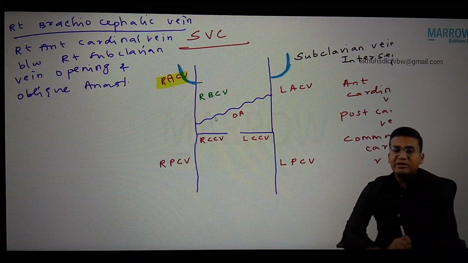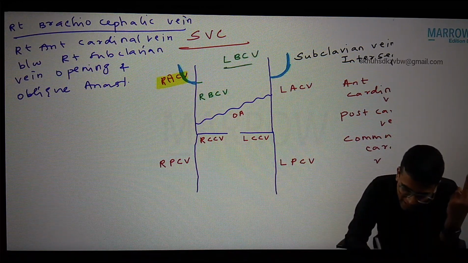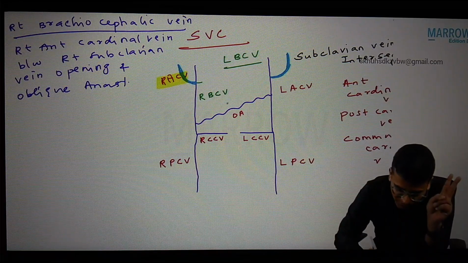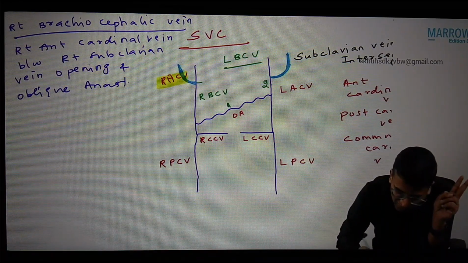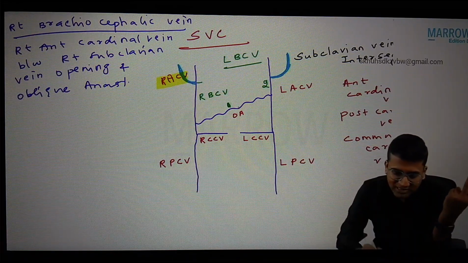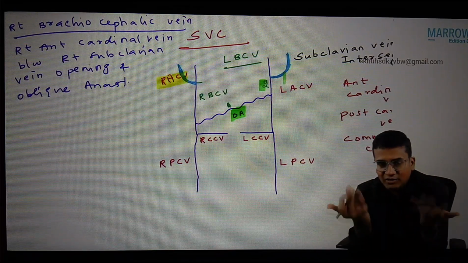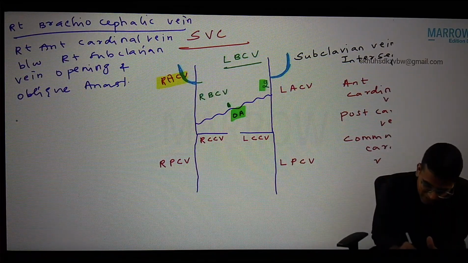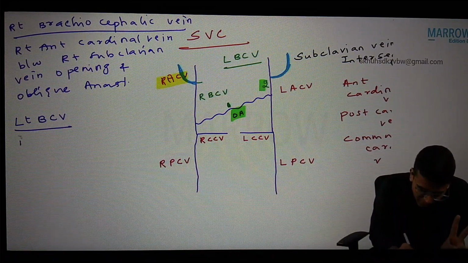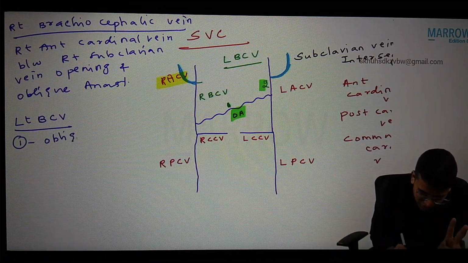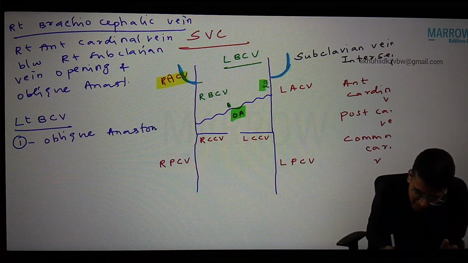Okay. Now what about left brachiocephalic vein? Left brachiocephalic vein is derived from 2 sources. Now this is number 1 and this is number 2. What is number 1 and number 2? Number 1 is the oblique anastomosis. What is number 2? Left anterior cardinal vein. So please write left brachiocephalic vein derived from number 1, the oblique anastomosis between right and left anterior cardinal vein.